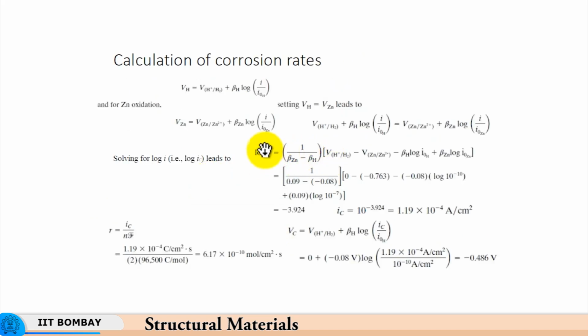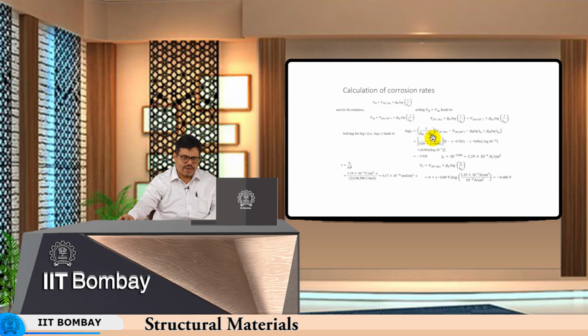So, if we manipulate the left hand side and right hand side of this expression, then we have log IC equal to 1 upon beta zinc minus beta hydrogen, times VH minus VZn minus beta H log I naught hydrogen plus beta zinc log I naught zinc.